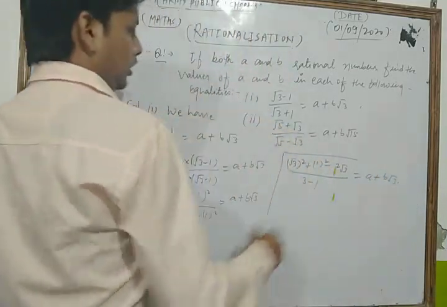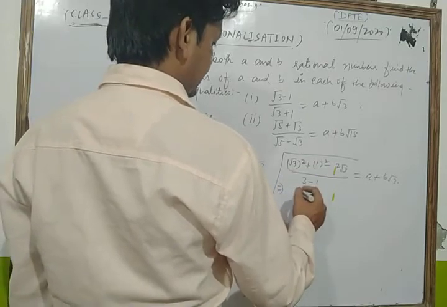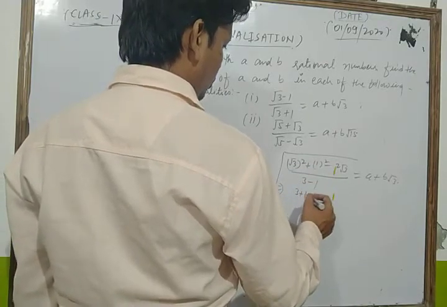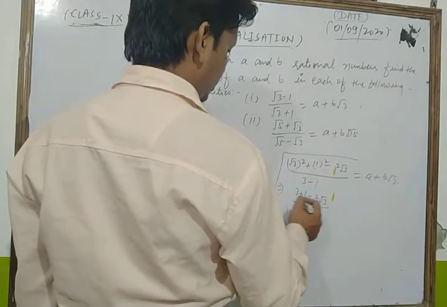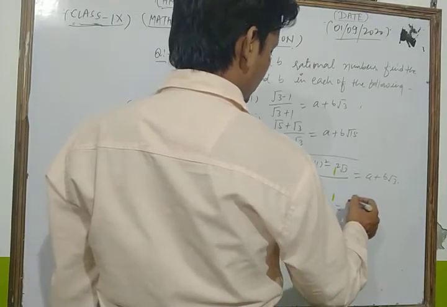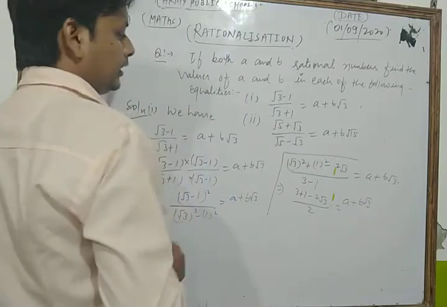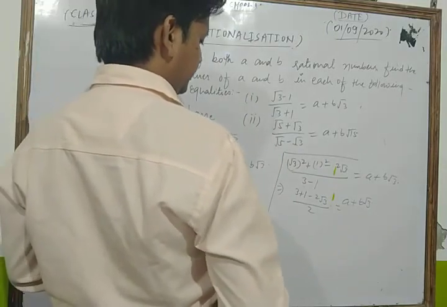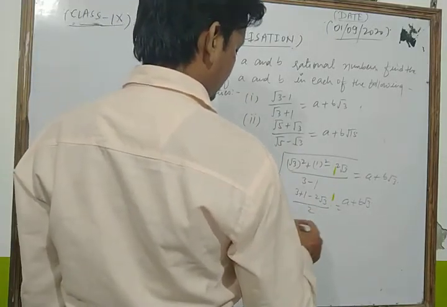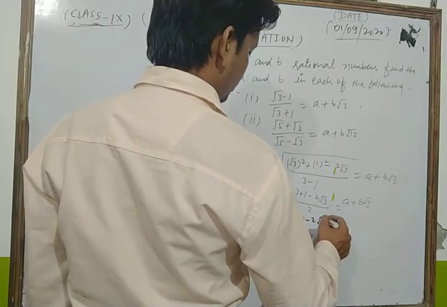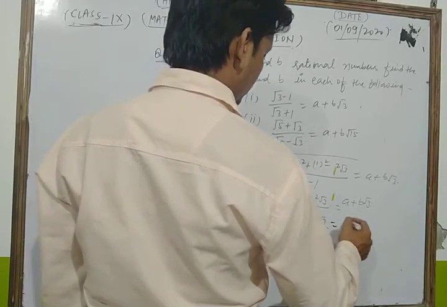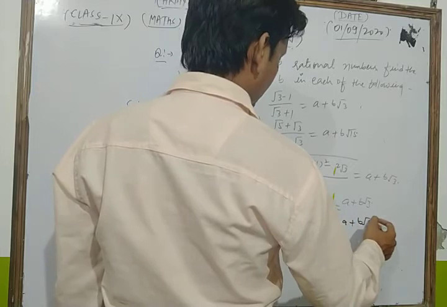Now we simplify, we get 3 plus 1 minus 2 root 3 upon 3 minus 1, that is 2, is equal to a plus b root 3. Now we get 4 minus 2 root 3 upon 2 is equal to a plus b root 3.